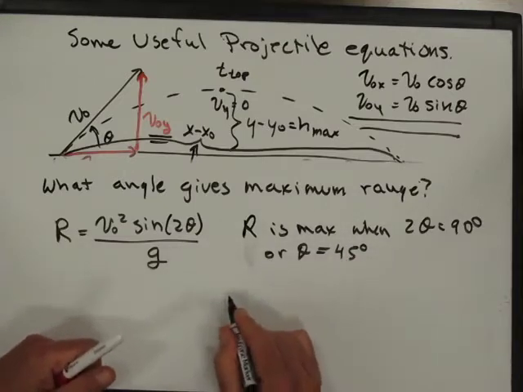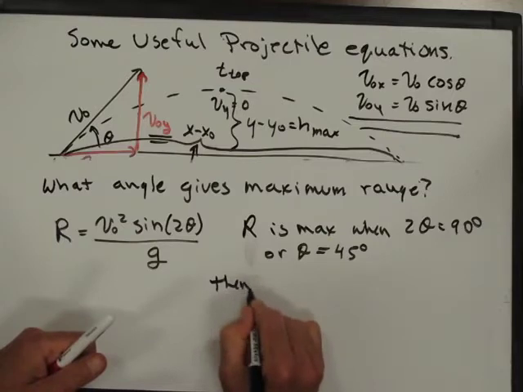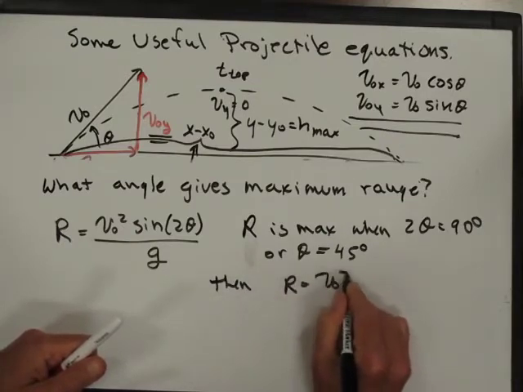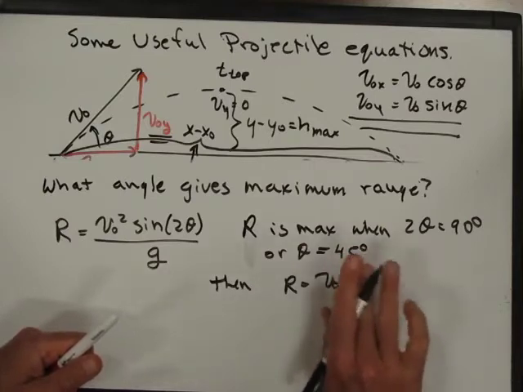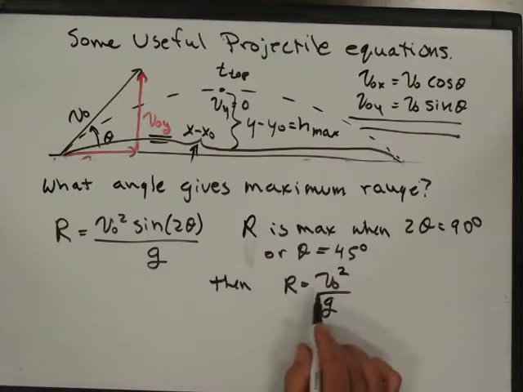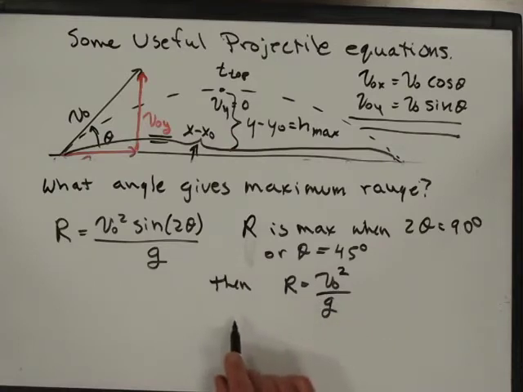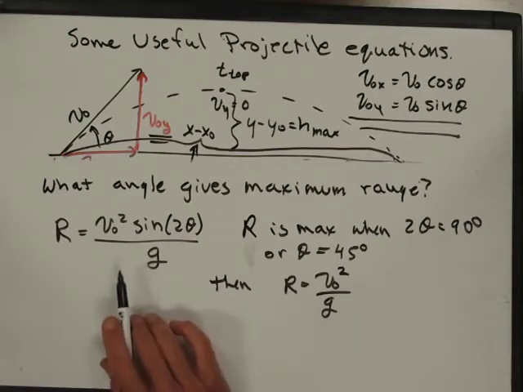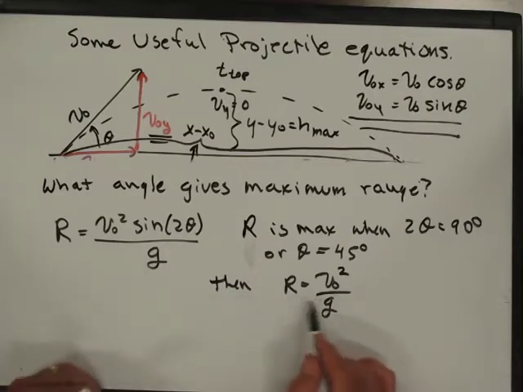And so in that case, the range is just v naught squared over g, because the sine of 2 theta is just 1. And so that's the maximum range you can get.